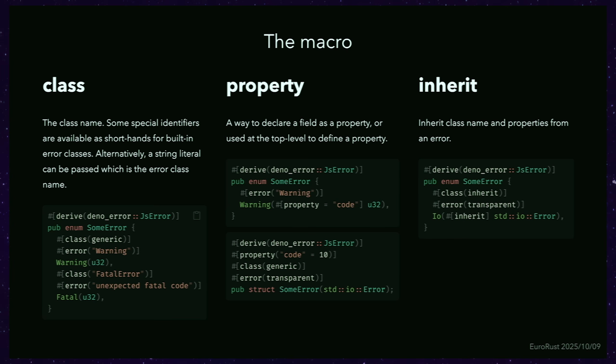And whoever wrote it, wasn't me, decided to not use actual errors from syn and the other macro crates, but instead define their own error. And now every time you get an error from the macro, you have no idea what's happening because it just errors out on the top level. Now you get an error in a random place and you don't know what the actual cause is. So please don't do that. It makes your IDE halfway useless at that point.